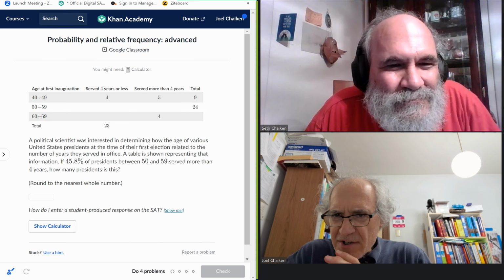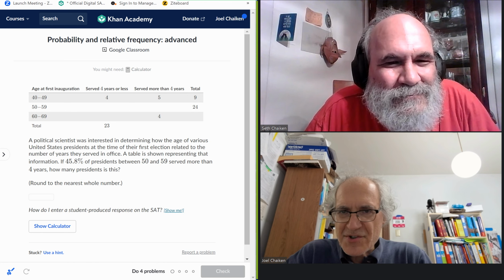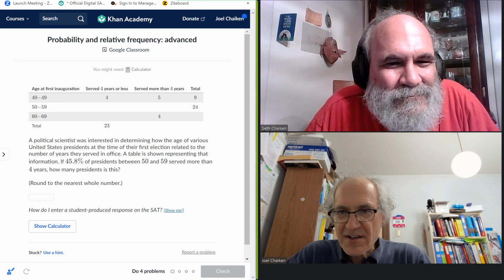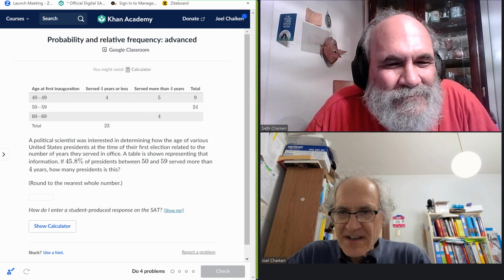Age at first inauguration. So this has to do with presidents served 4 years or less. Okay, the table is partially filled out. A political scientist was interested in determining how the age of various United States presidents at the time of their first election related to the number of years they served in office. Got it. A table is shown representing that information.